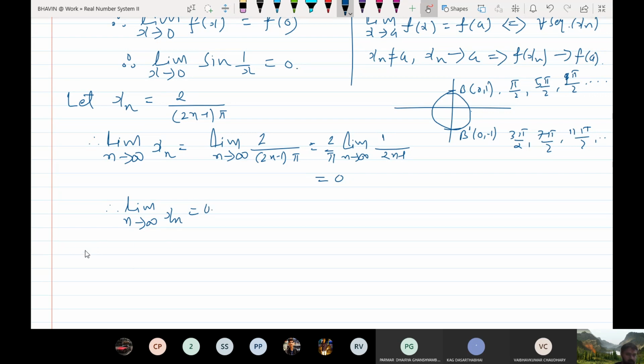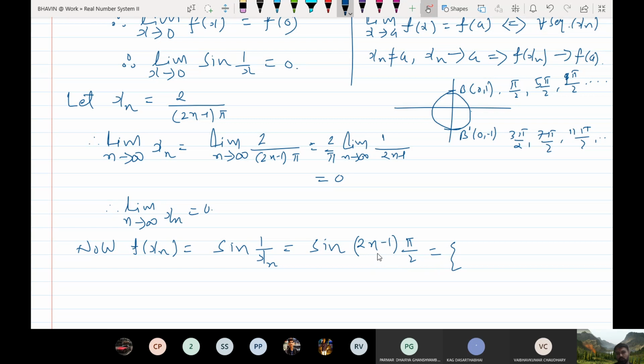Now let me evaluate f of xn. F of xn is nothing but sine 1 by xn according to our definition. This is equal to sine of (2n minus 1) pi by 2. Now look at this. What are the values?